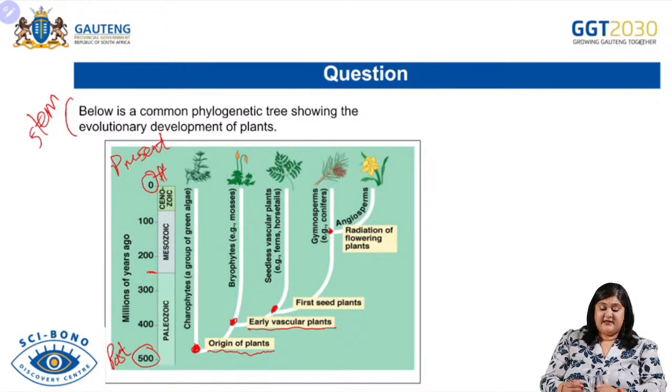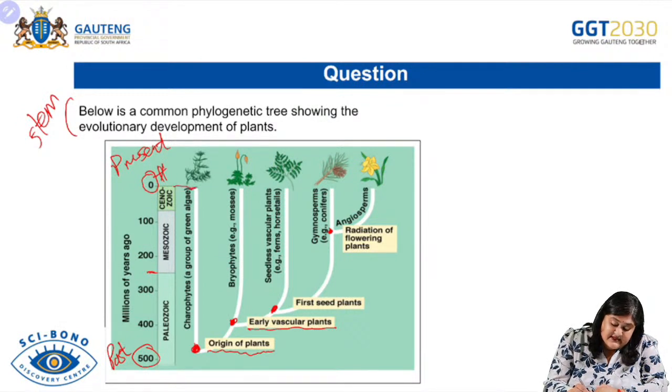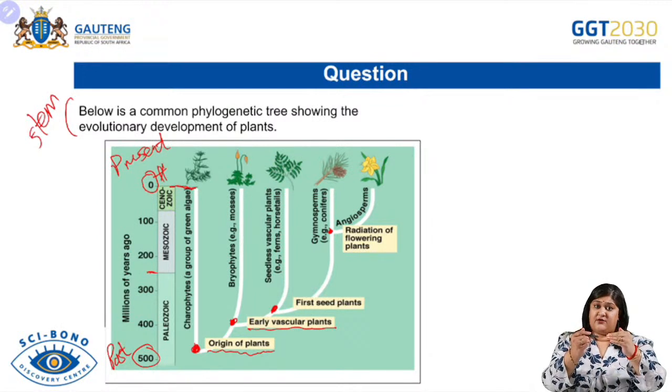Okay? So that means that, let's look at this organism, for example. Let's look at a group of green algae. The line is carrying on until 0. When you are reading a phylogenetic tree and the line of the organism that you are following reaches the 0, that is showing you that it's the present day and that organism still exists.